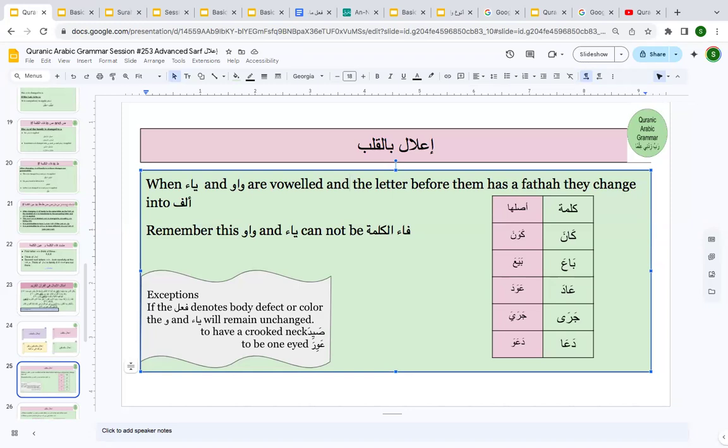Why use the term qalb? Because just like our heart changes all the time, sometimes it is focused on learning more grammar, sometimes it's very fed up with grammar, it's too hard for them. Or sometimes we have a lot of khushu in our salah, and sometimes that is not there, right? The level of iman changes just because our heart changes all the time.